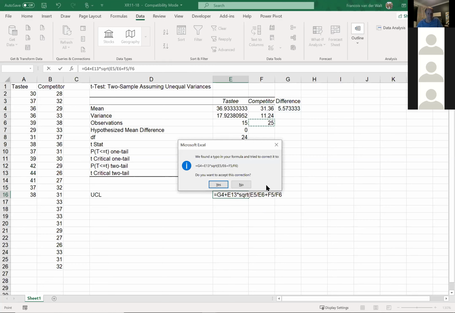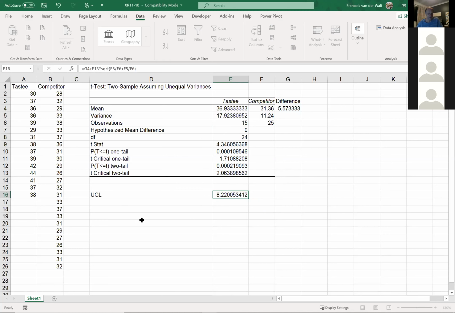Okay, I need a bracket at the end. Thank you. That's what I get as my upper confidence limit. My lower confidence limit is basically the same thing with a minus.